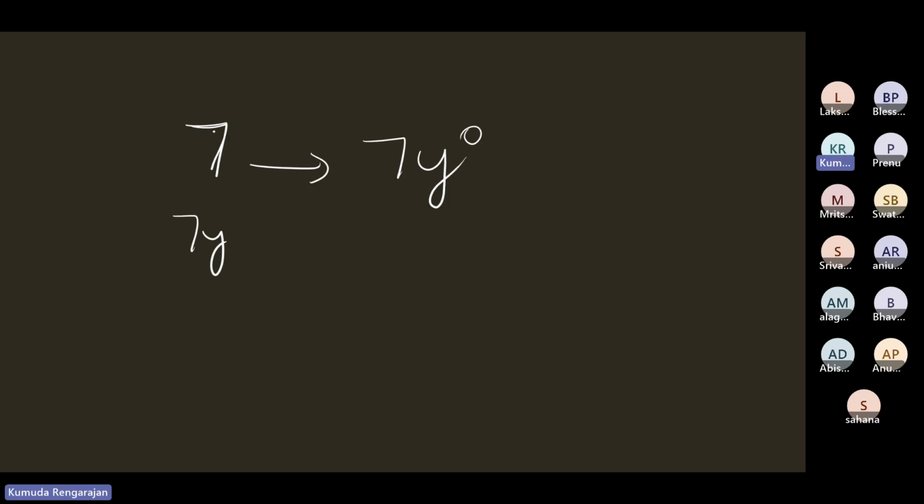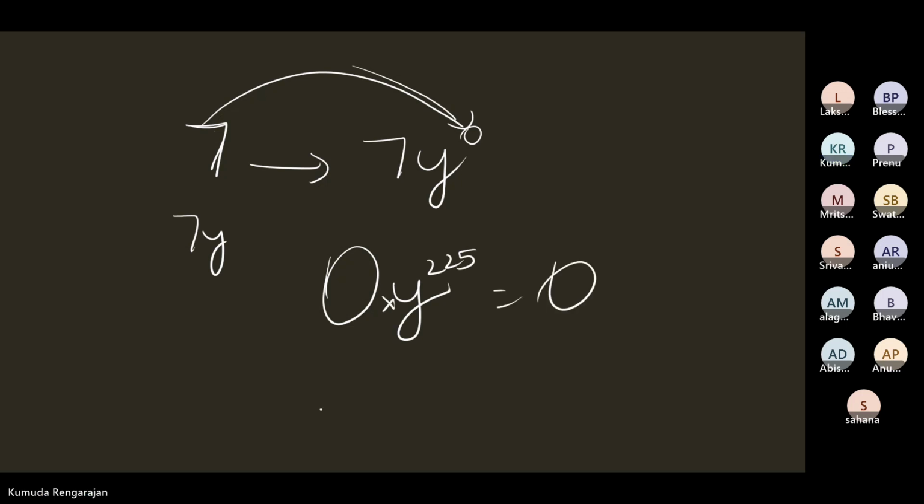So the degree of a constant polynomial is 0. But when you take the number 0 itself, you can attach any variable with any power, because anyways the product is 0. So that's why we say the degree of 0 is not defined.